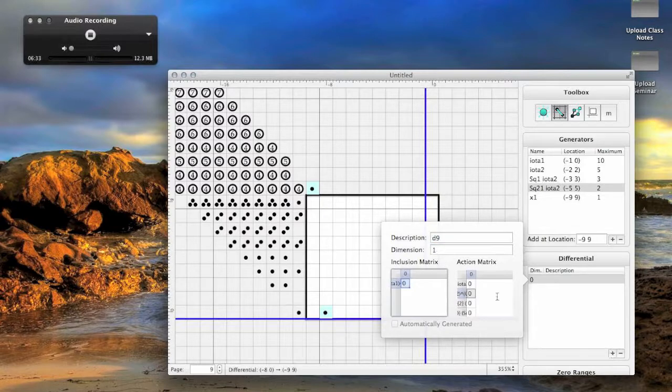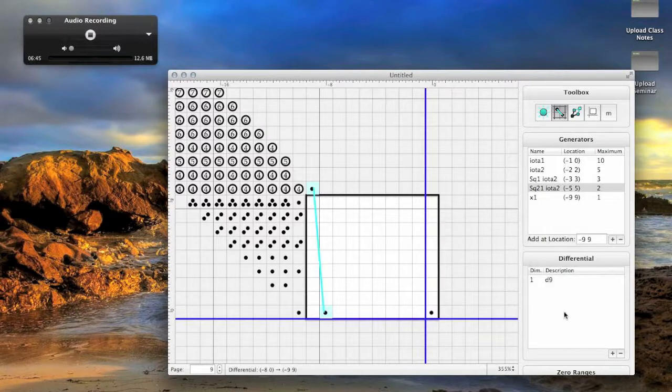D9, convention 1. Once again, I must sort through and find the class which I've forgotten to relabel. Here it is. Sq4 Sq2 Sq1 iota2.